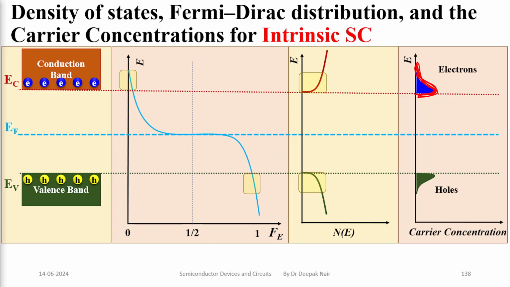So all the electrons, we can say, will be near the EC region. Similarly, the maximum number of holes will be near the EV. This is in the case of an intrinsic semiconductor. So if we integrate these two regions, we will end up with a distribution as shown in the graph for the holes and electrons. In an intrinsic semiconductor, these distributions are the same.